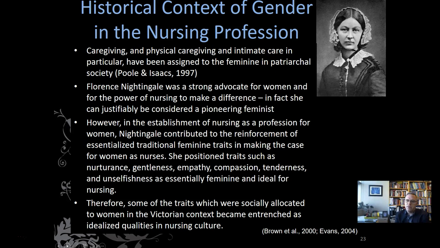And as much as we've seen some men entering the nursing profession, we still see that pretty much around the world men occupy 10% or less of nursing positions, and it hasn't been shifting very quickly. It's only shifted a few percent over many, many decades. So this is a pervasive issue.